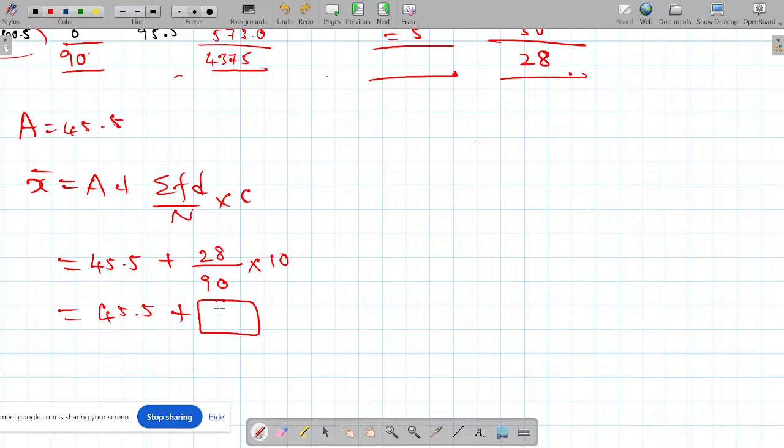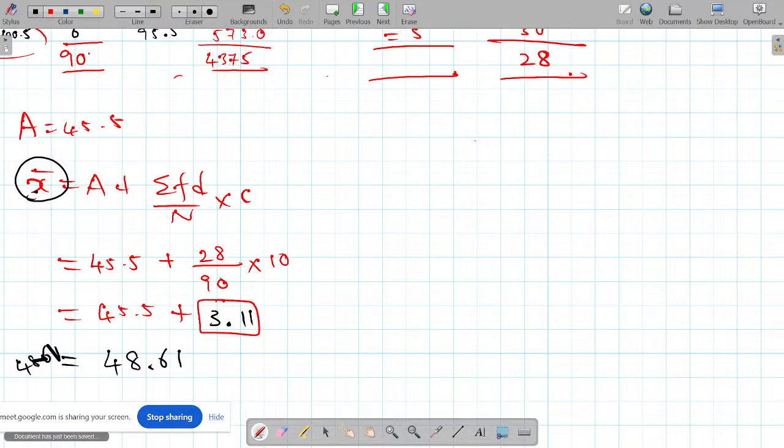Okay, so this is 3.1. 3.1 or 3.11? Make it two decimals because I want the exact value. So if you add, what do you get? Getting 48.61. What was the original value when calculated using the first method? 48.61. See, the actual value is 48.61.